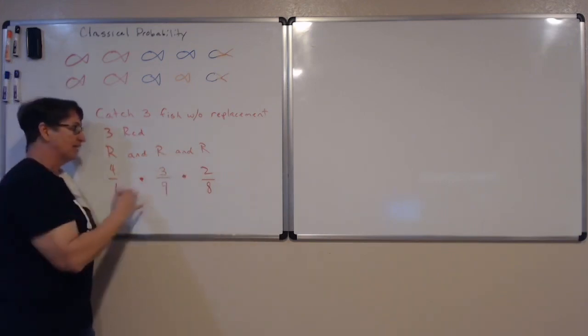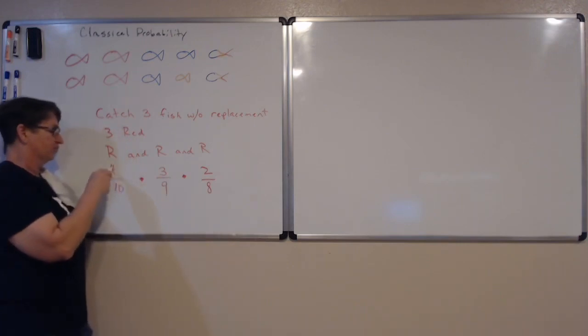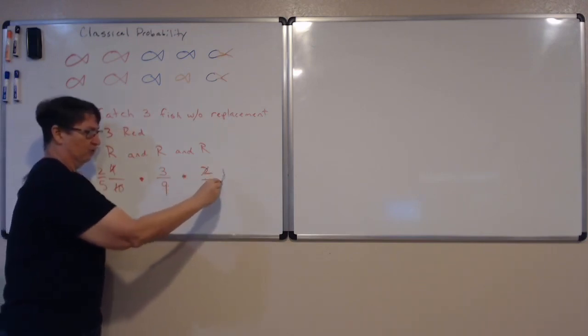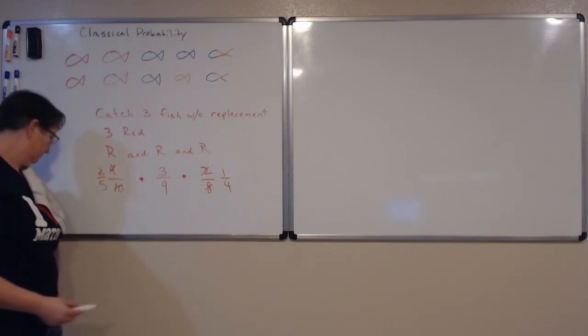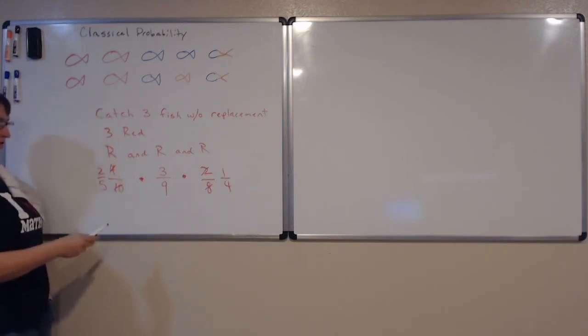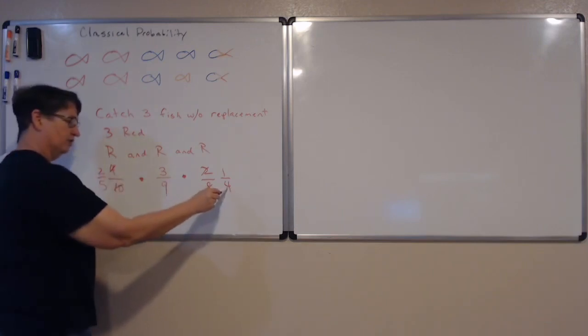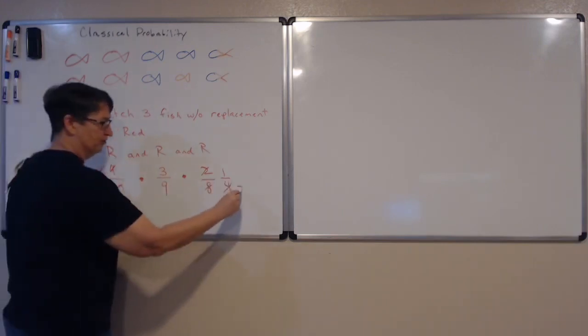Okay, I'm not doing any adding, so I can go ahead and simplify this problem. So this is 2/5, and this one is 1/4. Oh look, I can do more simplifying. See this 2 and that 4? I'm going to simplify this 2 and that 4 to make that a 2.